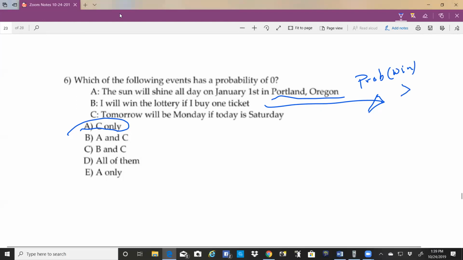It's more than 0, but very small. But it's not 0. However, if today is Saturday, the next day can't be Monday unless somebody renumbered the days.